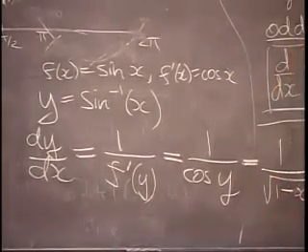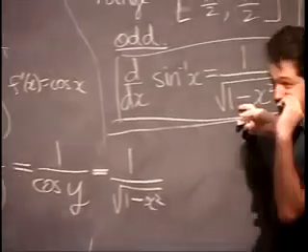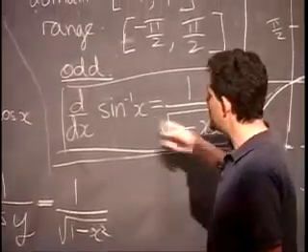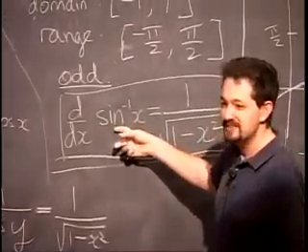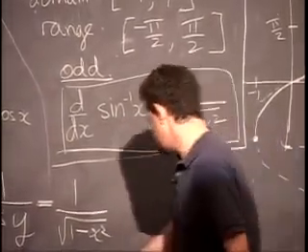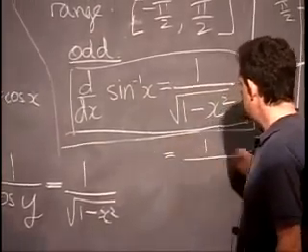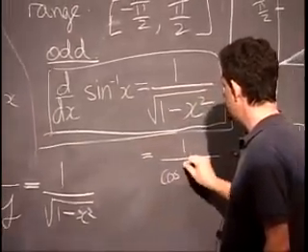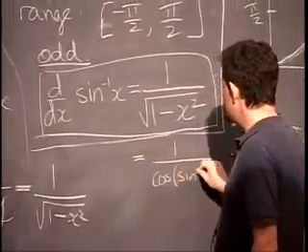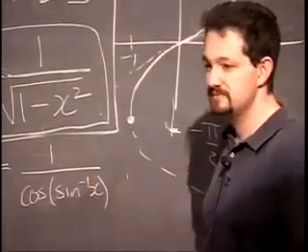And I would love to say d/dx of inverse sine of x is 1 over cosine of y. That would be correct. But then y is equal to inverse sine x. So I could have written 1 over cosine of inverse sine of x. That is also the correct formula.